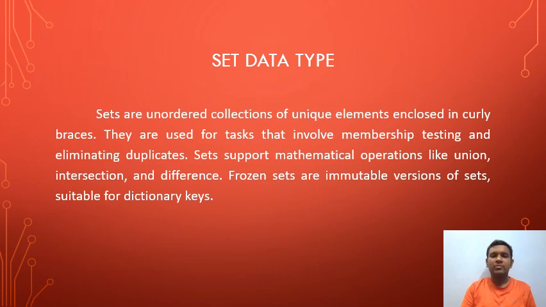Frozen sets are the immutable version of sets, suitable for dictionary keys. As we saw, dictionary keys need something which is always immutable, that is, the keys of a dictionary should not be changed. So frozen sets, strings or tuples are used as keys for the dictionary.